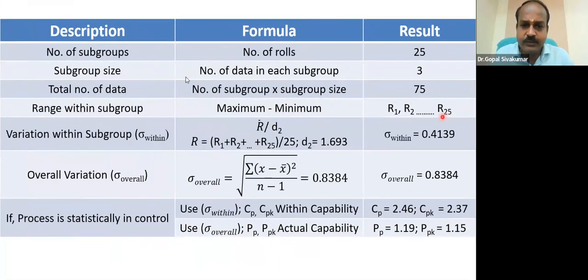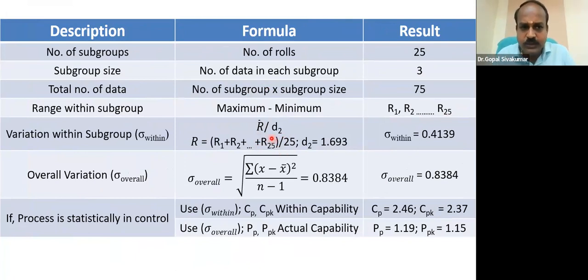After calculating 25 ranges, you need to calculate R bar. What is R bar? Mean of ranges. So R1, R2, etc., up to R25, divided by 25. That is known as R bar.